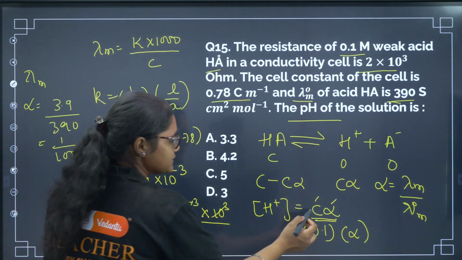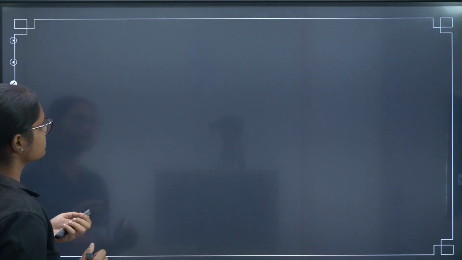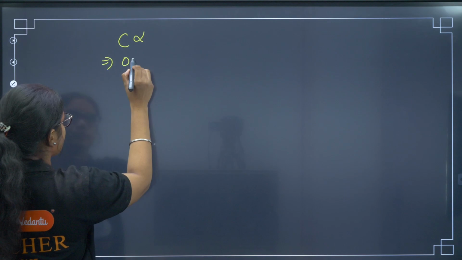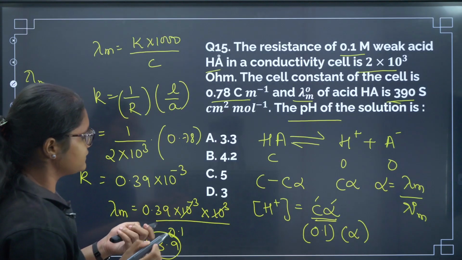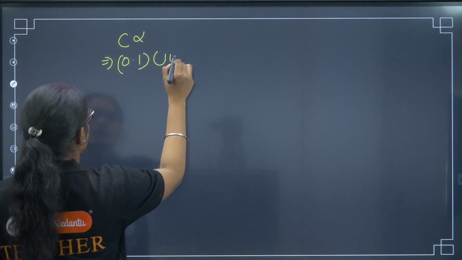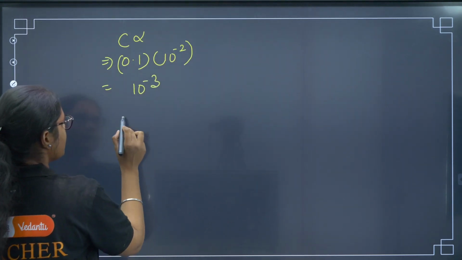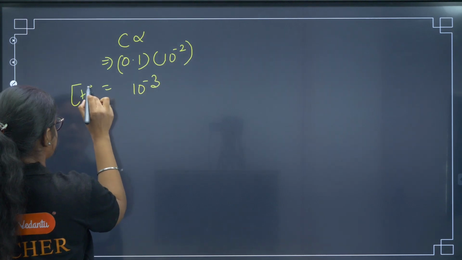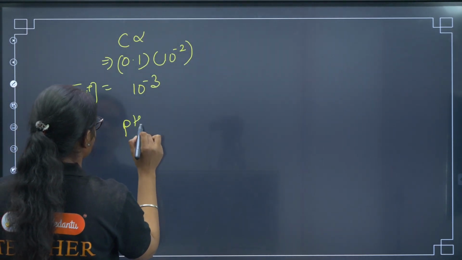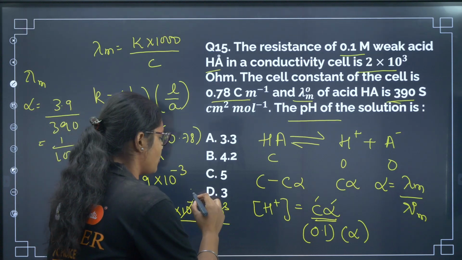Then we have to find the C alpha value. C alpha will be the concentration given, 0.1, into 10 to the power of minus 2. So we'll get 10 to the power of minus 3. This is my H plus concentration. If you take the pH value, we will get 3. So the correct answer for this question will be option D.